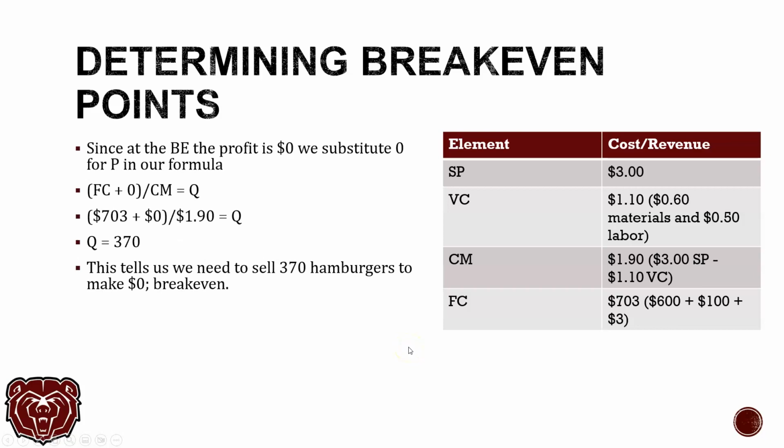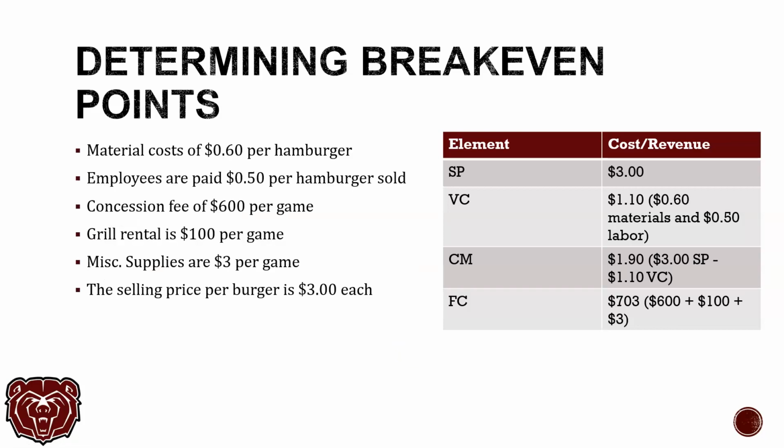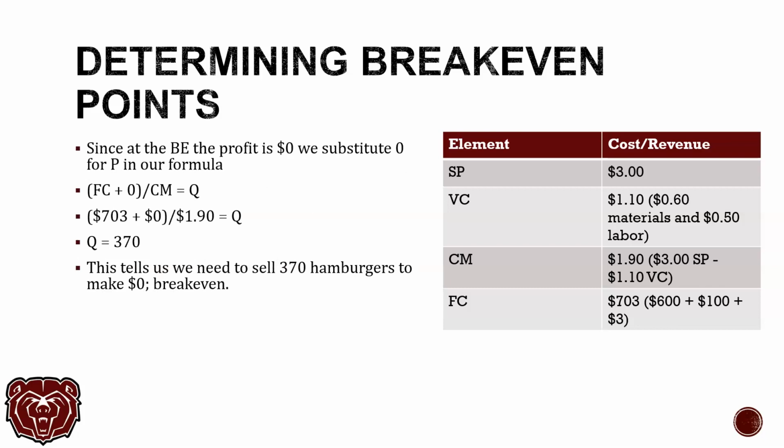So let's determine the break-even point. How many hamburgers would we need to sell to make $0 and to lose $0? How many hamburgers do we need to sell so that our revenues equal our costs? Well, since at the break-even the profit is $0, we substitute 0 for P in our formula.